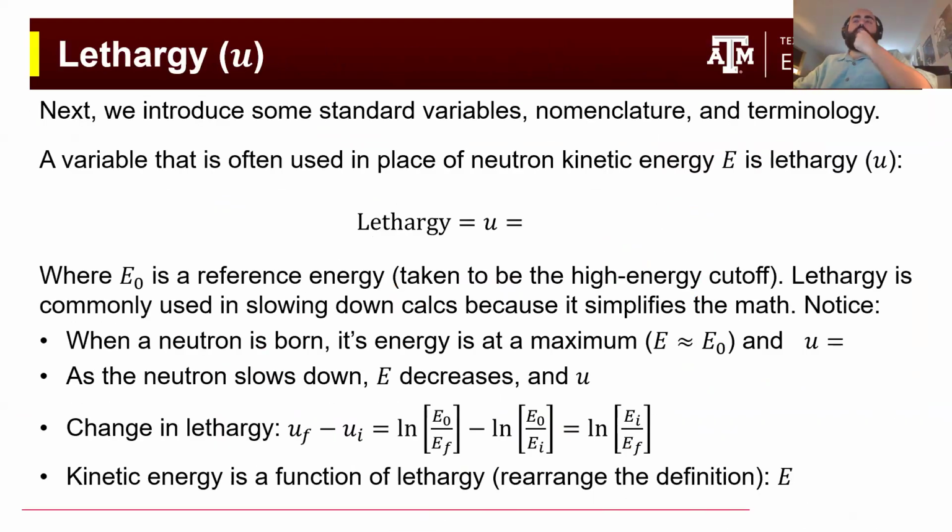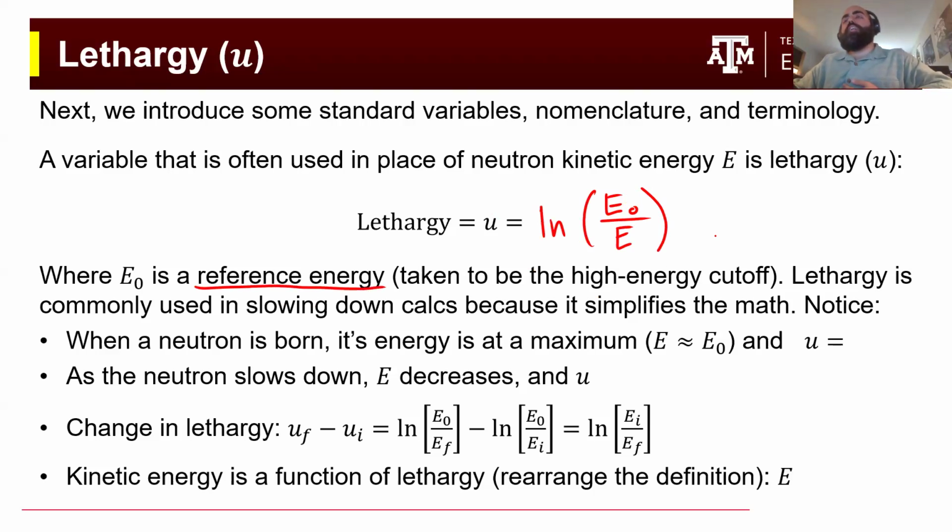Now that we have said all of that about energy dependence, we're at a good point to introduce a very useful quantity in nuclear engineering called lethargy. We use the symbol little u for lethargy, and it is defined as the natural log of E0 over E. E0 is defined as a reference energy.